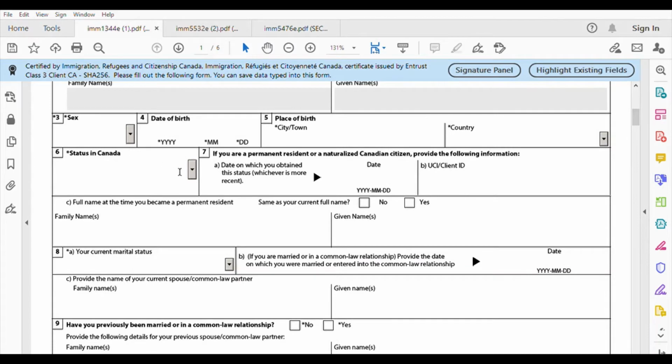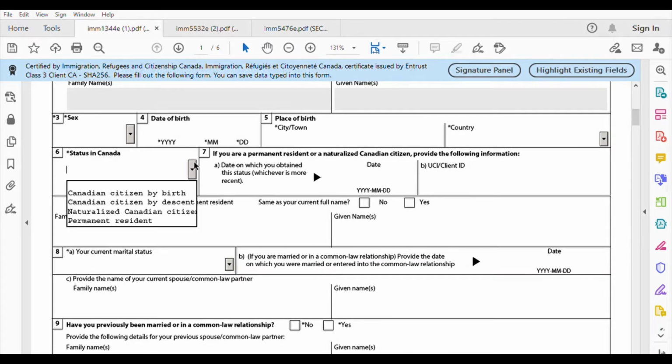Status in Canada. As we said before, the sponsor must be a citizen living inside Canada or outside Canada, but since we are talking about common law partner sponsorship, the sponsor must be living inside Canada.